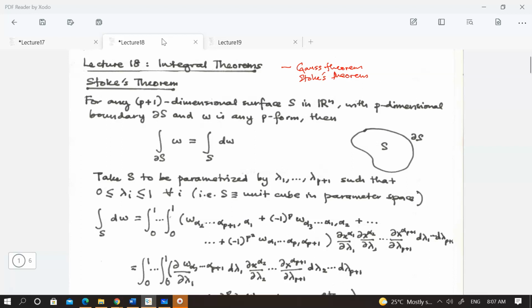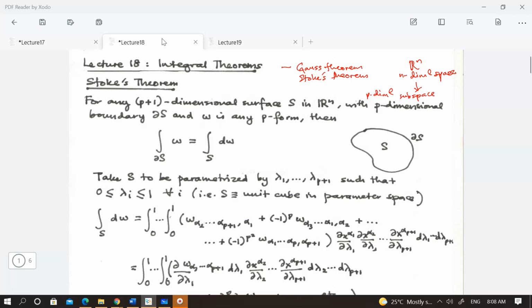So what we have here, remember our problem previously, suppose you have R^n or some n-dimensional space. This is the bigger space, but you want to parameterize a surface or a subspace which is p-dimensional. So this p-dimensional subspace will be parameterized by some p parameters.